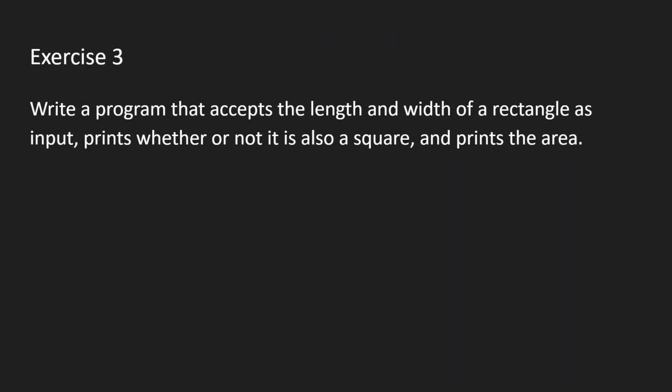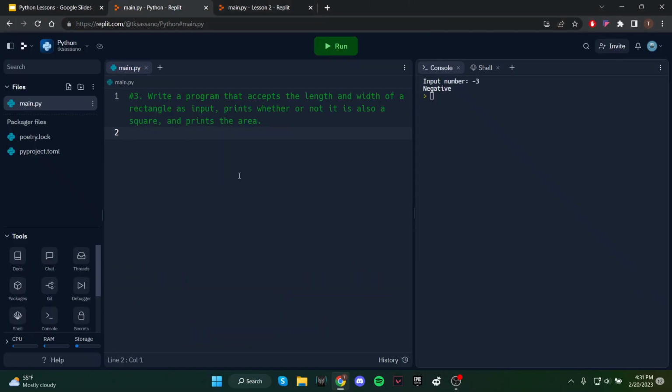Exercise 3. Write a program that accepts the length and width of a rectangle as input, prints whether or not it is also a square, and prints the area. So we'll get an input for the length and width, and convert it to integer.